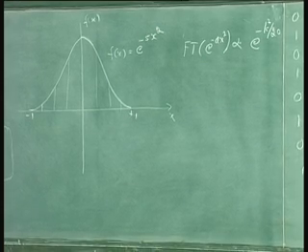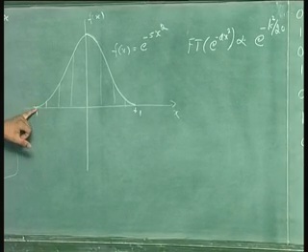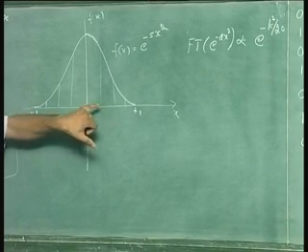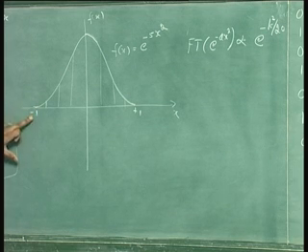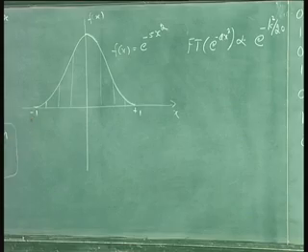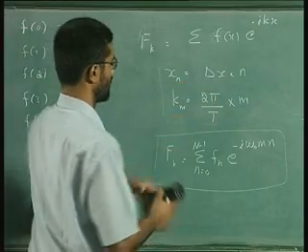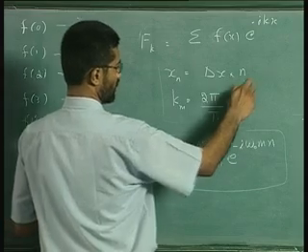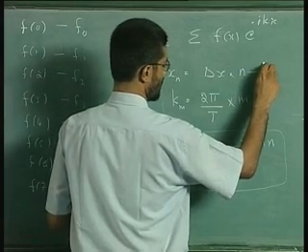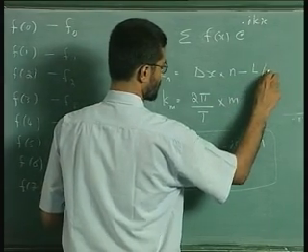Care should be taken that we call these f0, f1, f2, f3, f4, f5, f6 and f7 like that. Because of that, my x0 value should be minus 1, not 0. So I should write xn as delta x times n minus my total interval divided by 2.